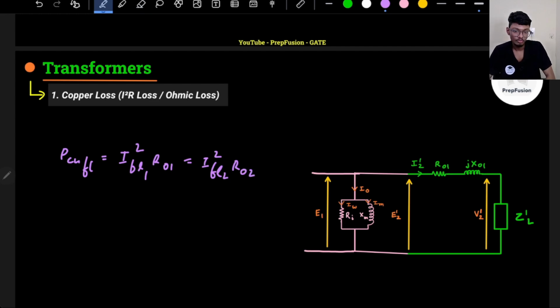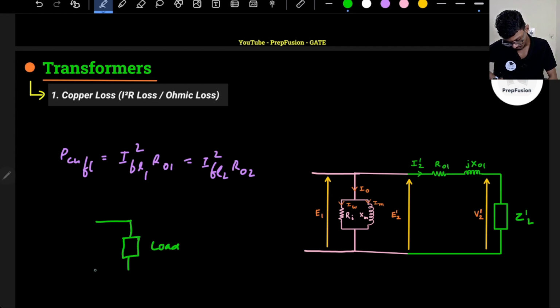Now, how do I measure the copper loss at different loads? This was the full load. At different loads, what is the important point? This is a load. The voltage across the load will be fixed due to the secondary winding of the transformer, that is V2.